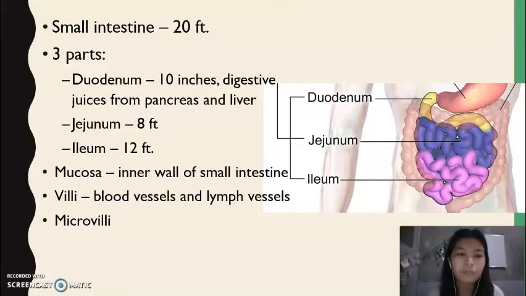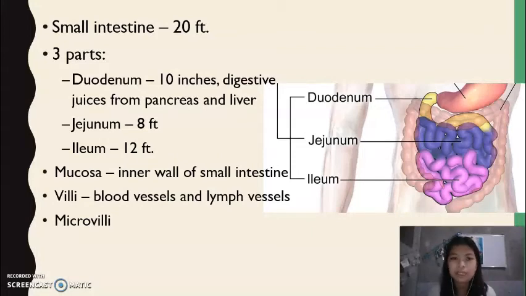mucosa. And then, in the lining of our small intestine, we have tiny projections known as the villi. And these villi are composed of blood vessels and the lymph vessels. And then, doon sa villi, meron pa ulit mas maliliit na projections known as the microvilli.